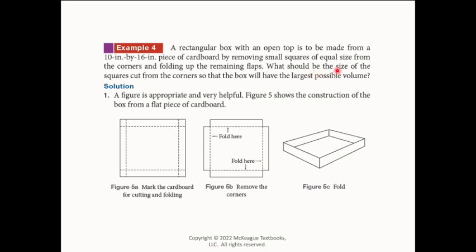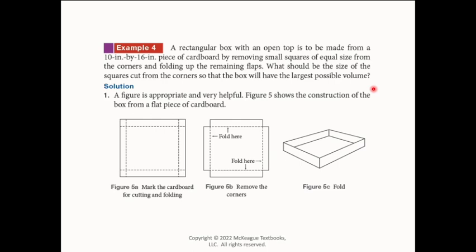We want to find the size of the squares that we need to cut out in order to maximize the volume, so we will create a box with the largest possible volume. So we're trying to maximize the volume.